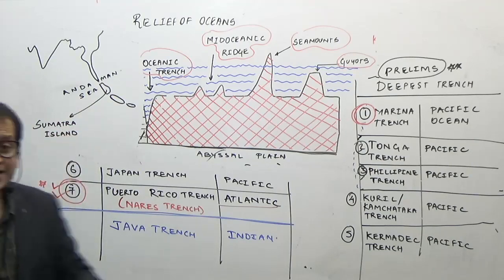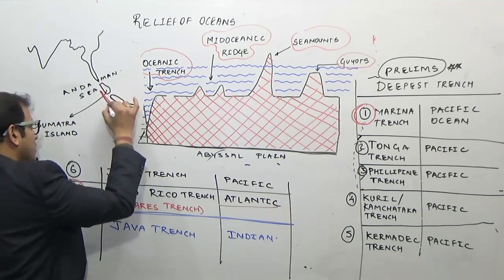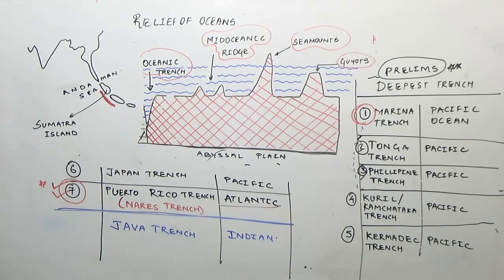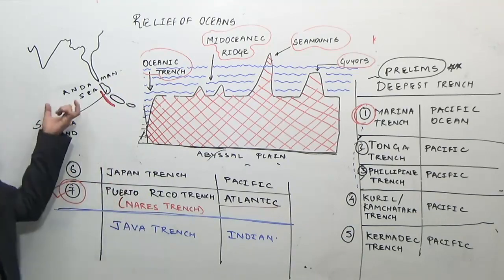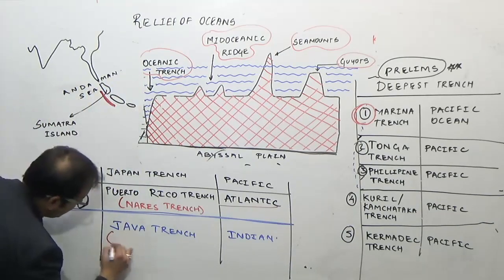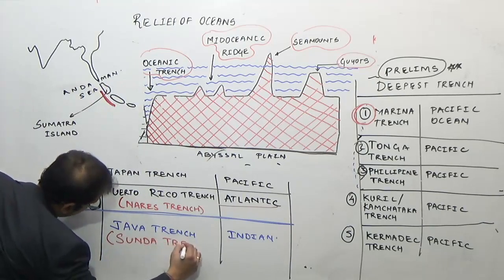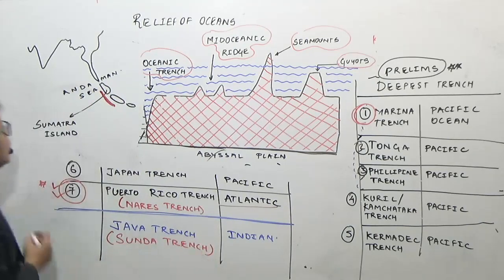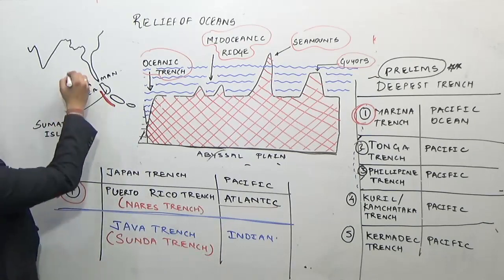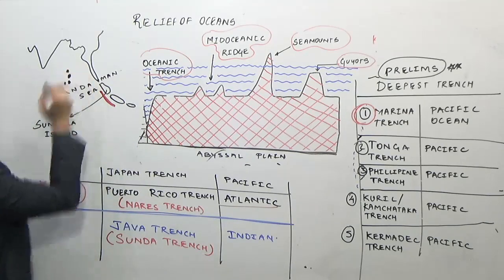The Java Trench is located in the Sumatra island or Sunda Strait region. Why? Because it represents a boundary between the Indian plate and the other plate. So the Java Trench is also known as the Sunda Trench. It is located in the Andaman Sea region, very near to the Andaman and Nicobar Islands of India.